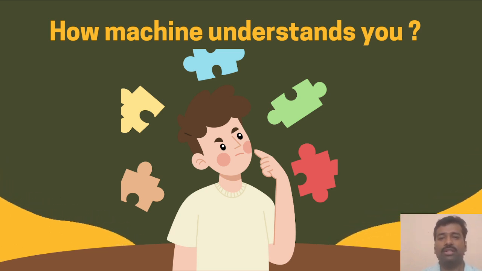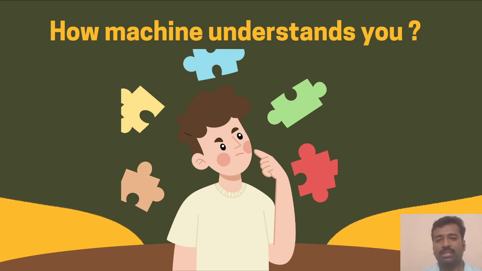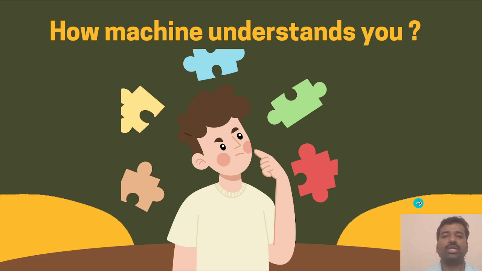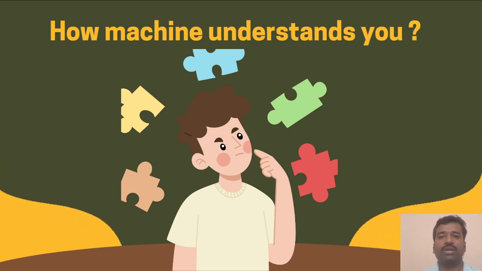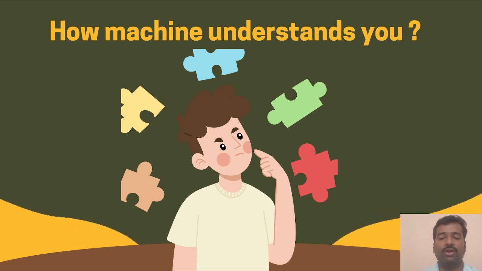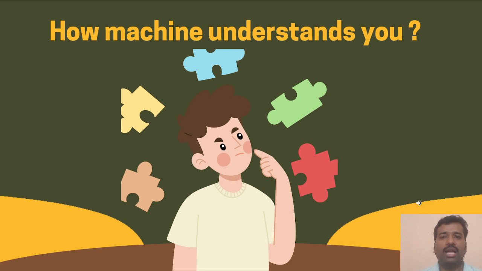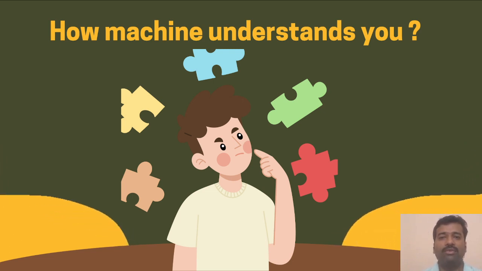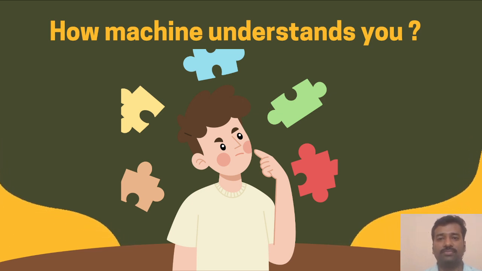Imagine a world where your device doesn't just process the commands but understands your intent. And this is the most important thing in NLP, because whatever sentence you use, every sentence has a different context. They have different semantics, different syntax, different intent and emotions behind them.